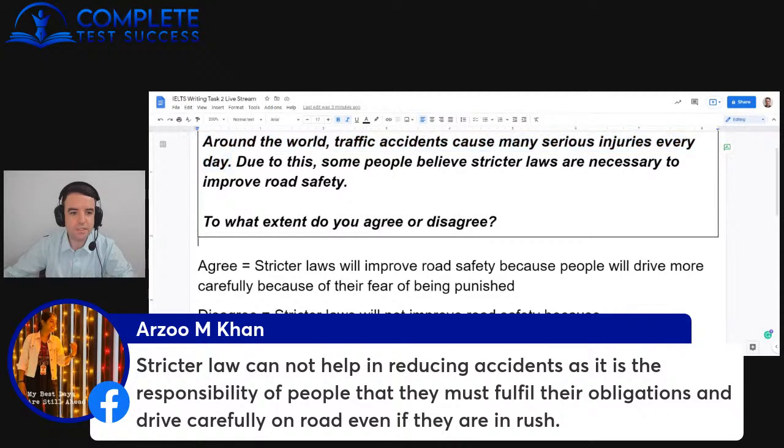So this is what's currently happening, that the traffic accidents are already happening because people are not fulfilling their obligation and they're not driving carefully on the road even though they're in a rush. So those are possibly reasons why there are accidents, but not reasons why we should or should not have stricter laws. They're not focused on what you've been asked to talk about.